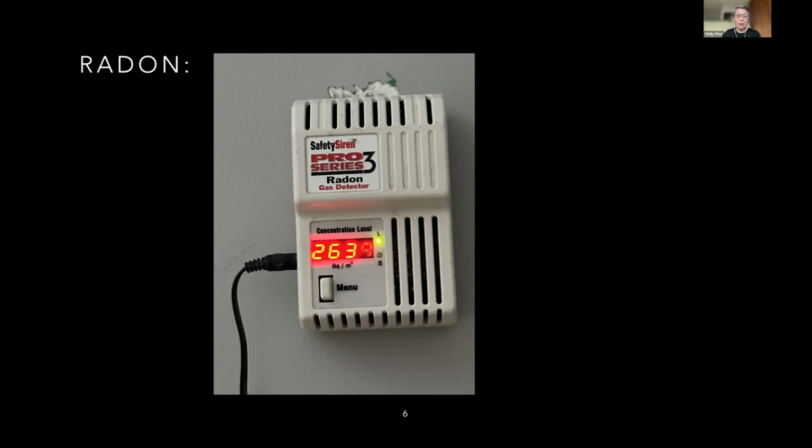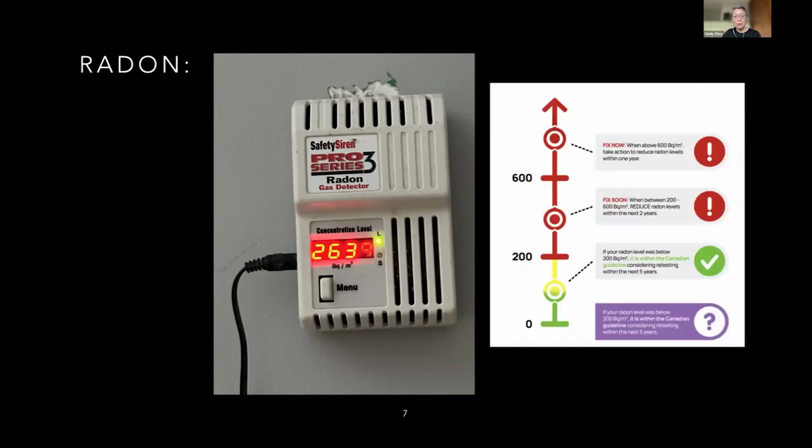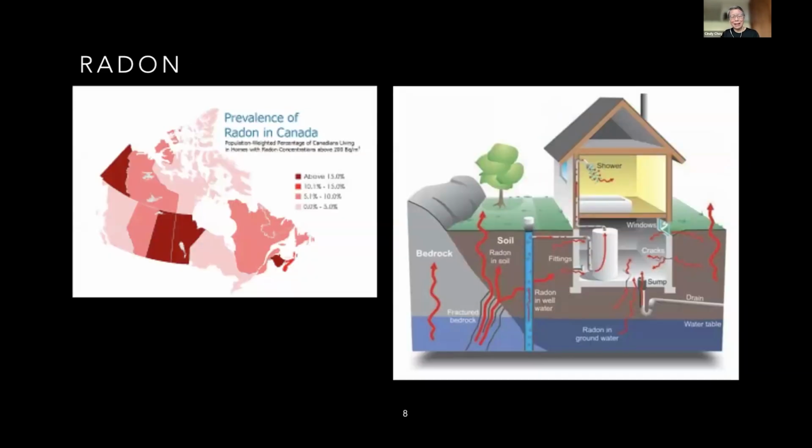So we were concerned. But this is an old radon meter, so we got confirmation from a secondary source. Before I go on though, so there it is, 200 becquerels, and at 600 becquerels per meter squared, you really need to take action. So we double checked.